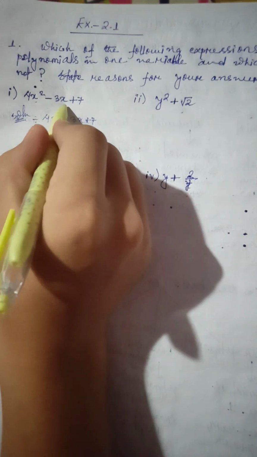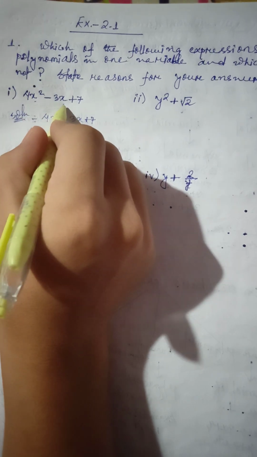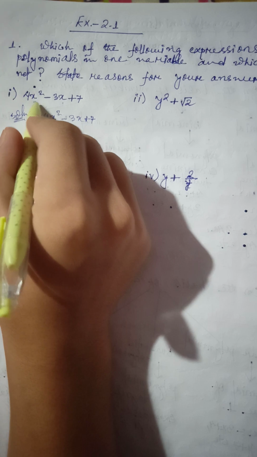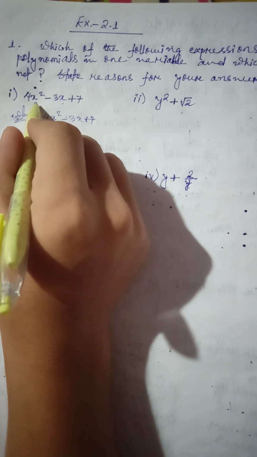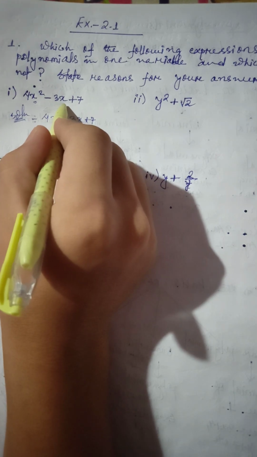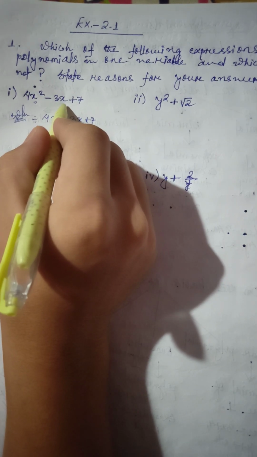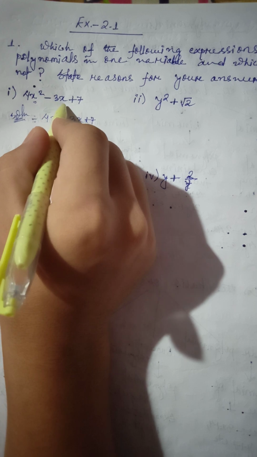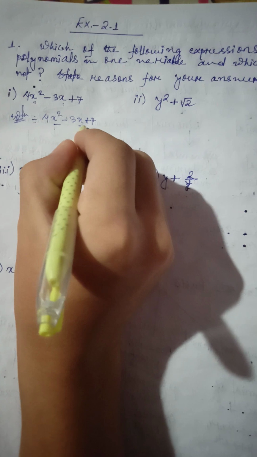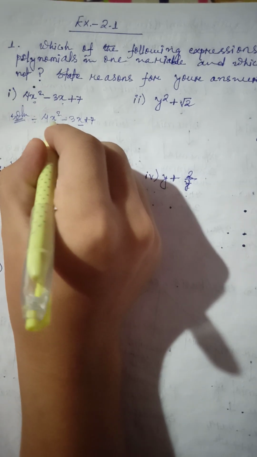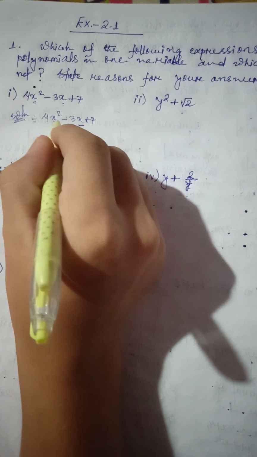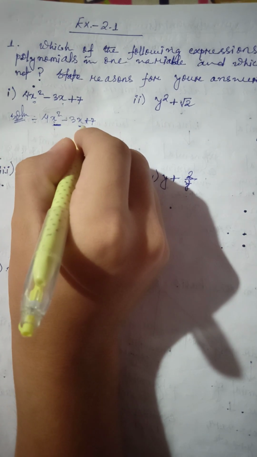If it is x here, it should be x there; if it is y, it should be y. If the variable present here is equal to the variable present there, then we call it a polynomial in one variable. Here we have x, here we have x. That means the variable is the same, so we can call this a polynomial in one variable.